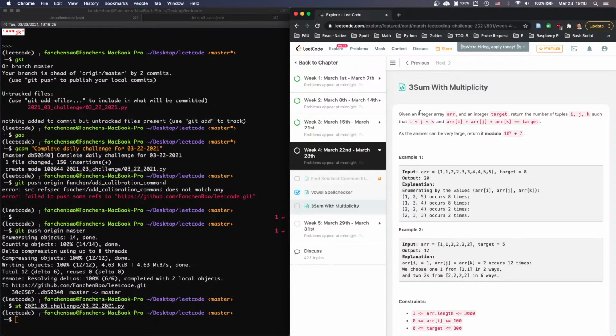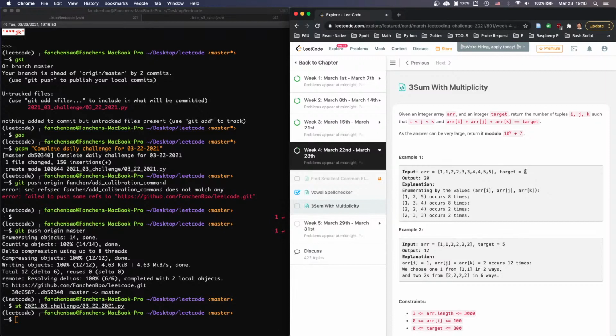Anyway, given an integer array and an integer target, return the number of tuples such that they add together equals target. What does it mean, multiplicity? I don't know what that means. Anyway, let's take a look.